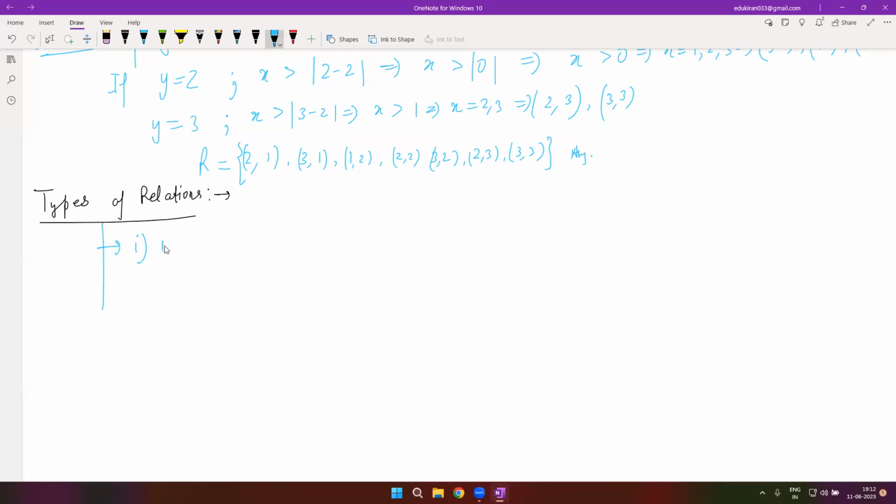One is reflexive relation. Then second is symmetric relation. And then your third is transitive relation.